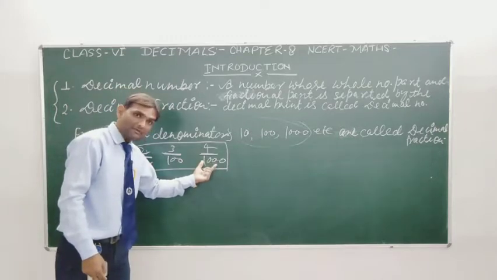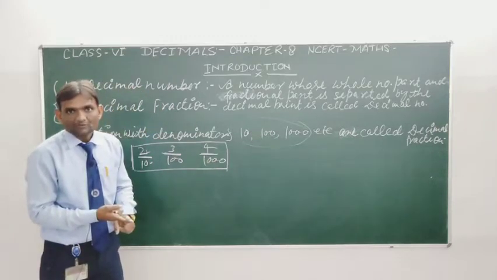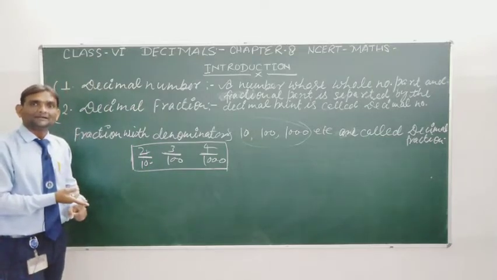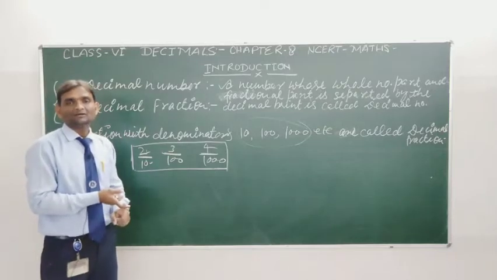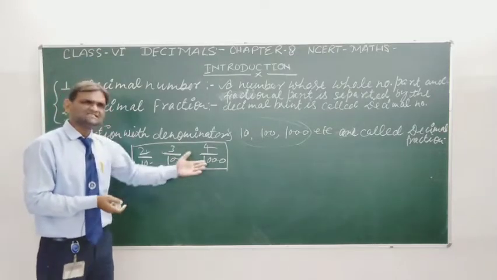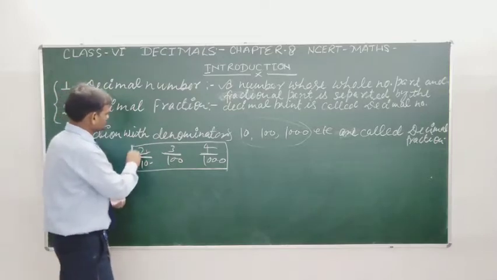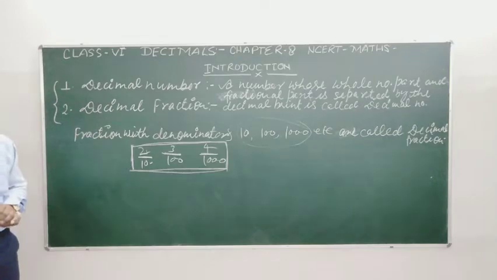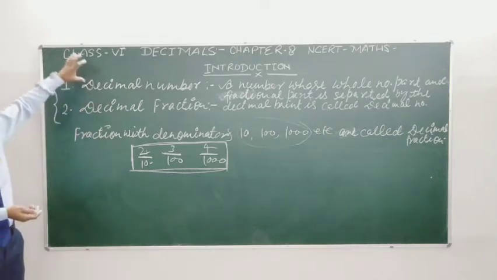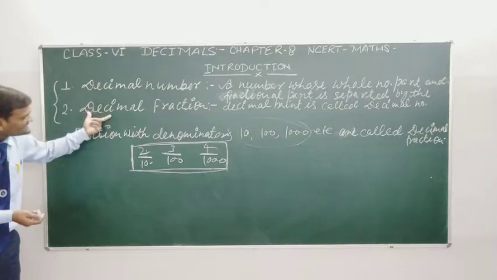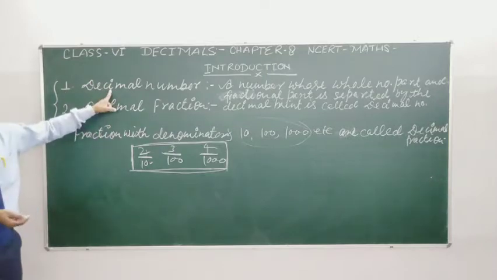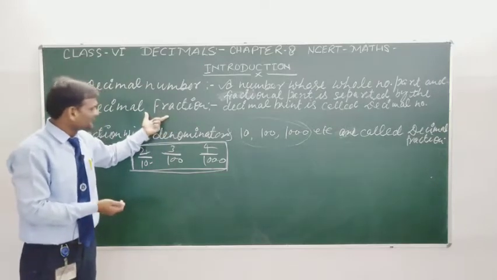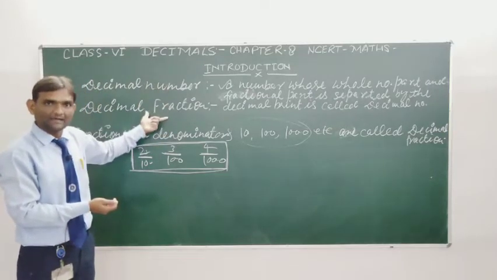The denominator may be 10,000, 1 lakh, 10 lakh, 1 crore, 10 crore, like this. So all these fractions are called decimal fractions. So student, I hope you have understood about the decimal number and decimal fraction. Decimal number originates from decimal fraction. Decimal fraction से ही decimal number होता है, बनता है.